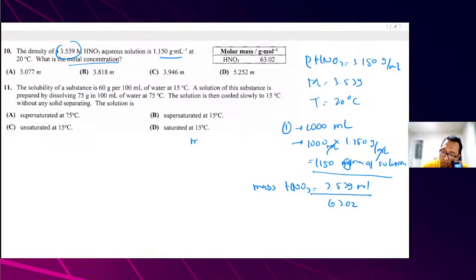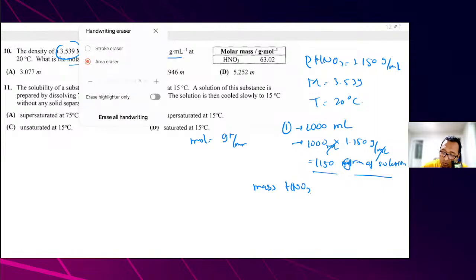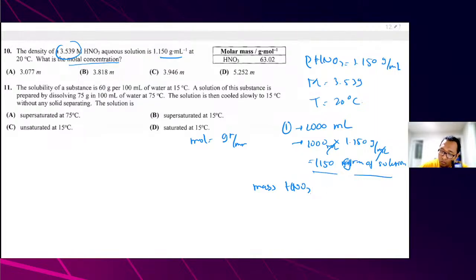Like I mentioned, molar mass is gram per mole. So to get the gram, it is mole times molar mass. Mole is 3.539 times molar mass 63.02. So we can get the mass is around 223.1 gram.